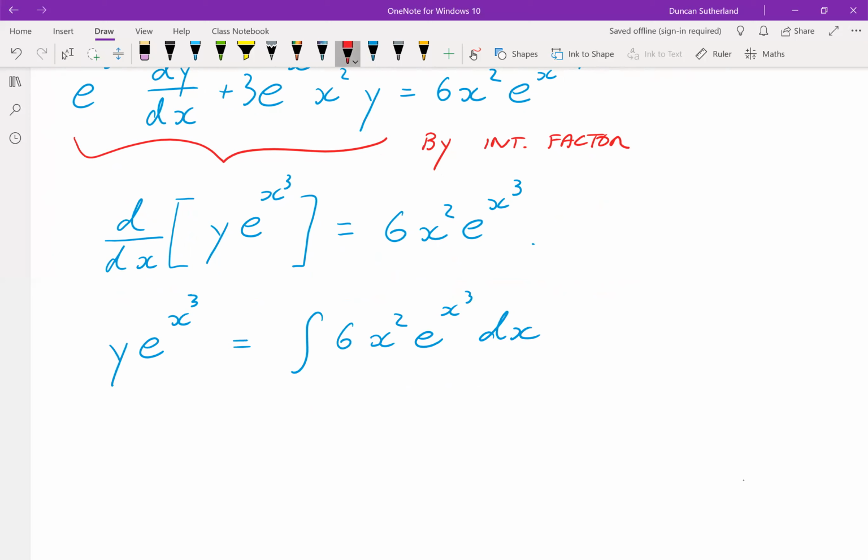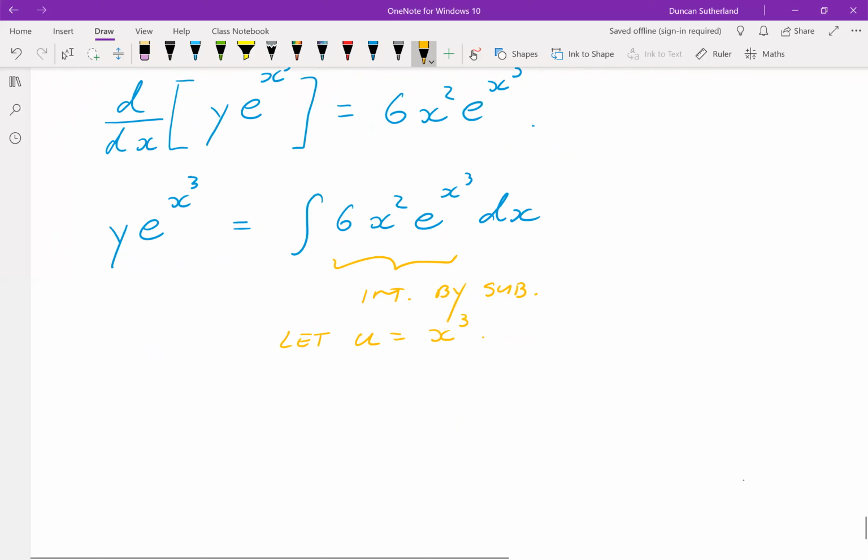Okay, this integration we have to do by substitution. We're going to let u equal x cubed. Then du equals 3x squared. And we can see how to rewrite this integral.